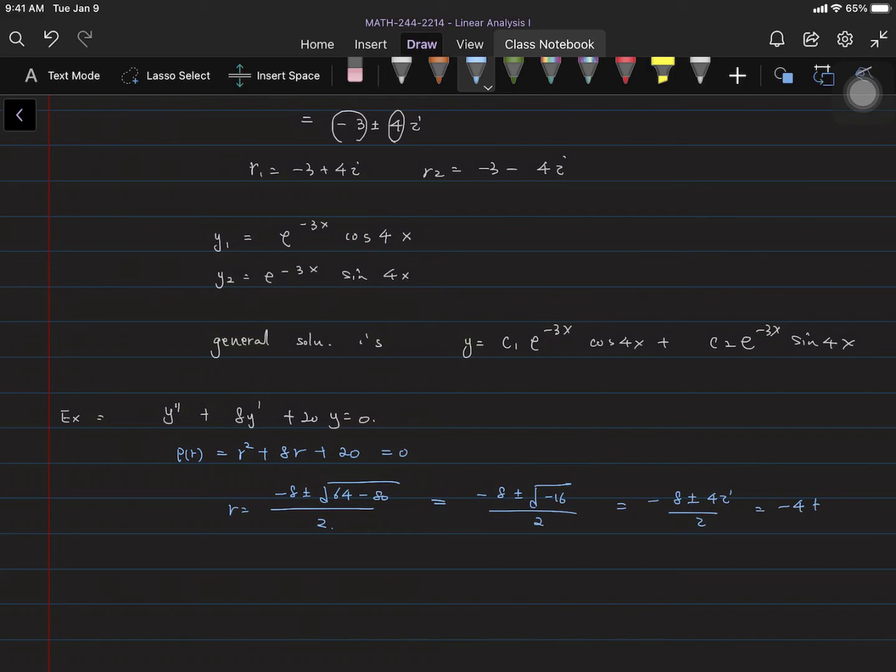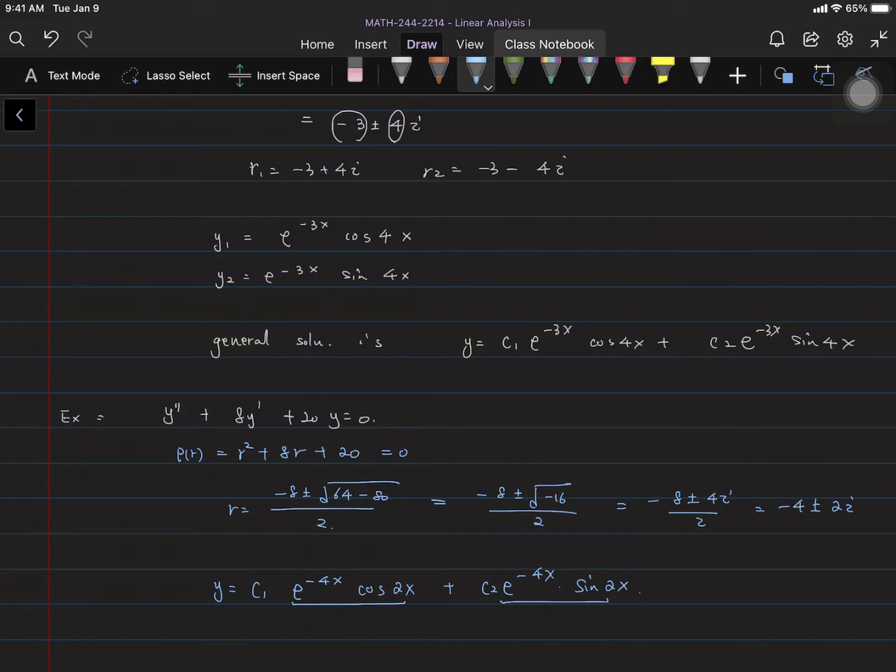Simplify: negative 4 plus or minus 2i. So what are a and b? The solutions should be e^(-4x) cos(2x) and e^(-4x) sin(2x). Those are the two solutions. They can express all the solutions, and the general solution is just a linear combination of those two. Okay, this is example 2.